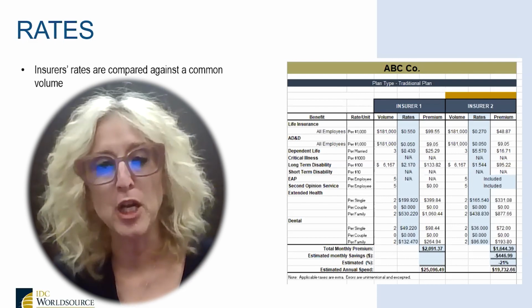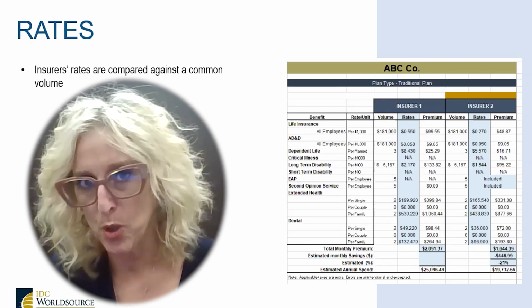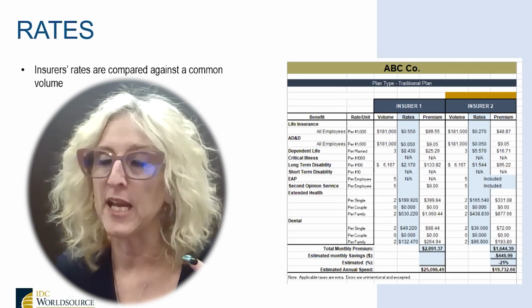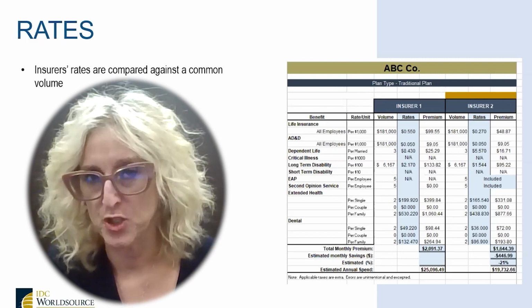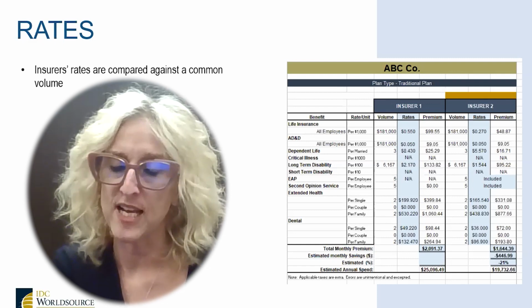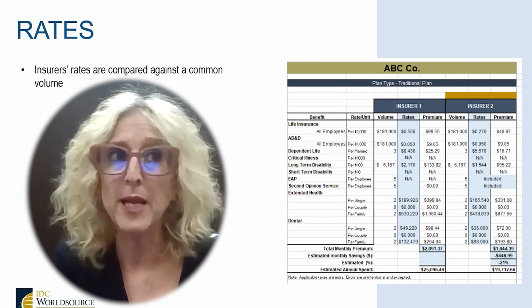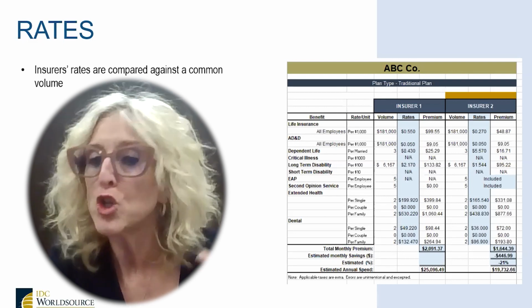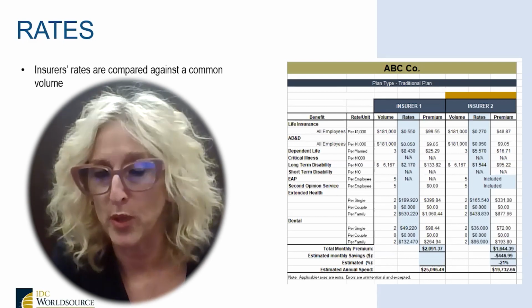Is the insurance company offering an employee assistance program? Is the insurance company offering HR tools and support that might be meaningful in the decision-making process of your client? Maybe they have a lot of turnover. Maybe they want to create an employee manual.